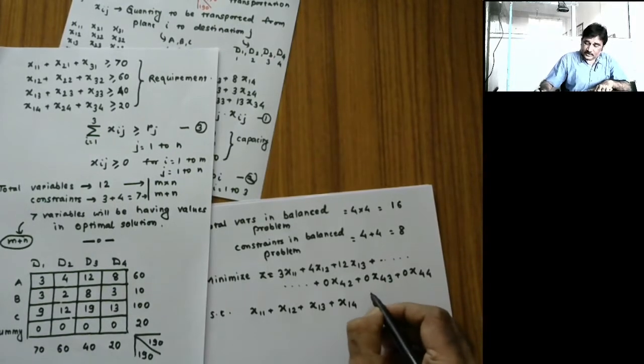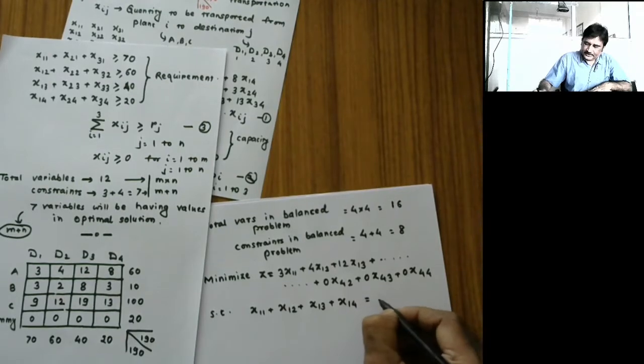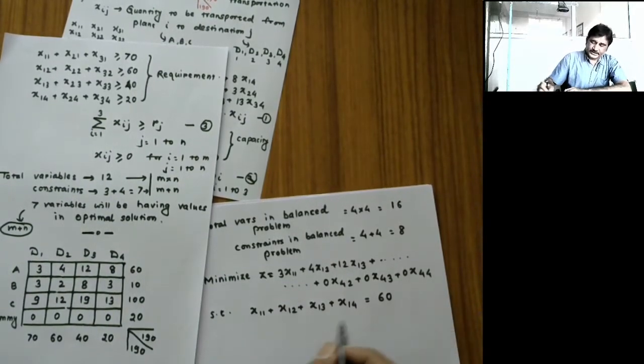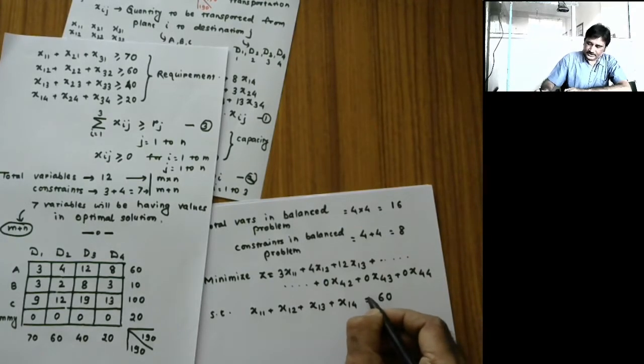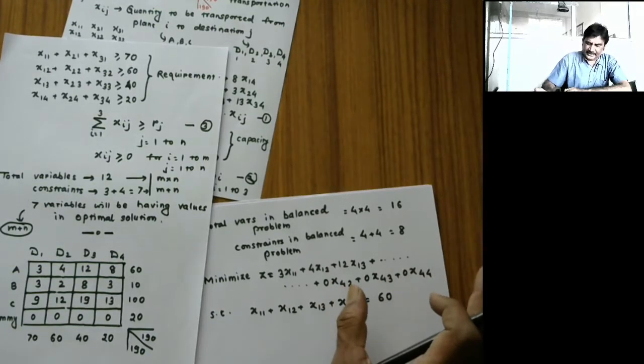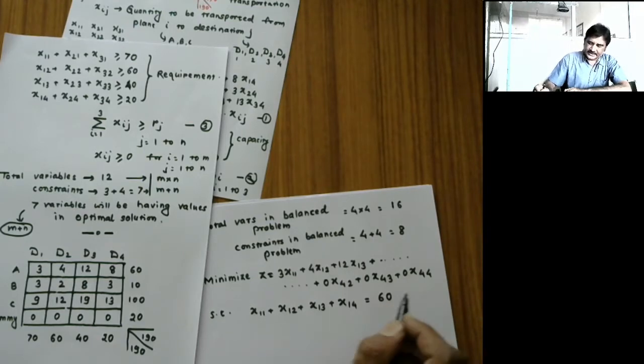You can write equality now because there is a balance. In general, there is no harm in writing less than or equal to 60, but because there is the balance, I know very well that this will be an equality type constraint.